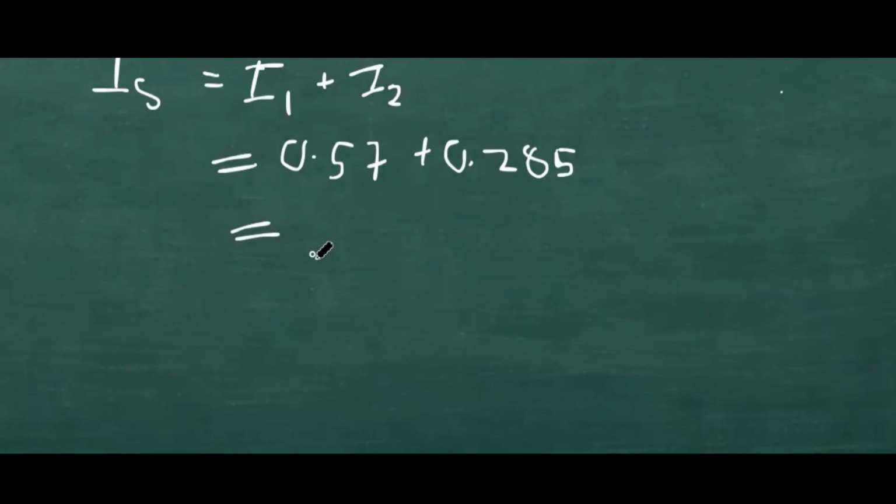So finally we get the answers as 0.57 and 0.285. The final answer is that the source current is 0.855 amperes.